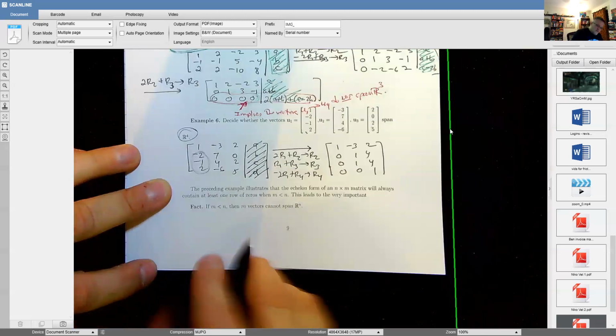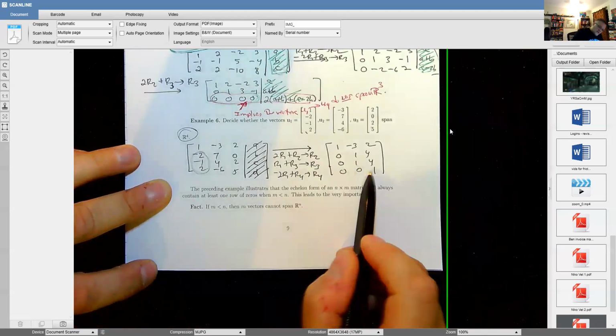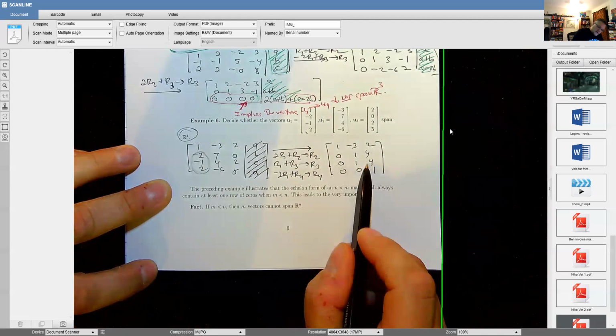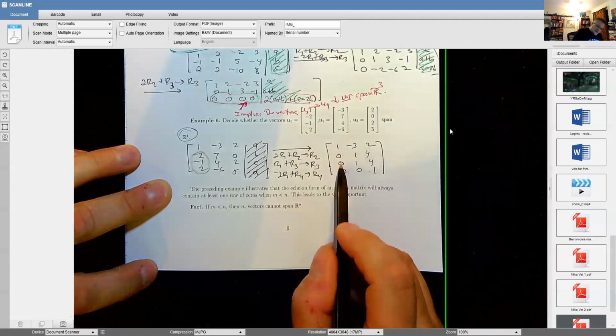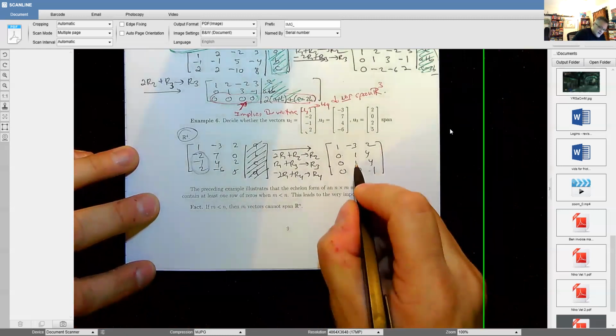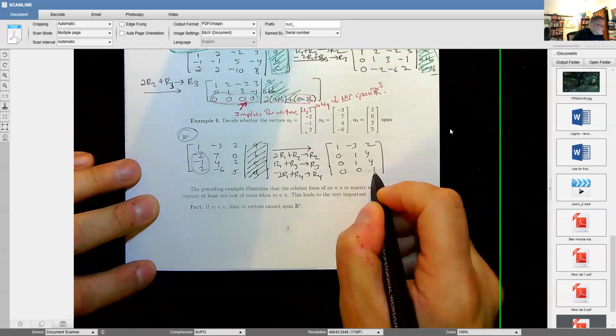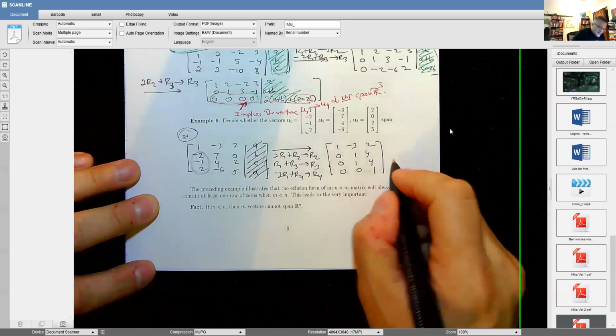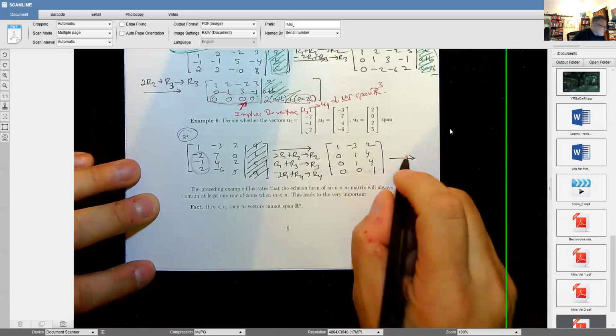But it's not in echelon form yet, remember? Even though this row behaves nicely here and this one behaves nicely there, I need strictly more zeros in every successive row. And so I need to put a 0 there, and then unfortunately that means I'm going to put a 0 there. So you can already kind of see what's going to happen.